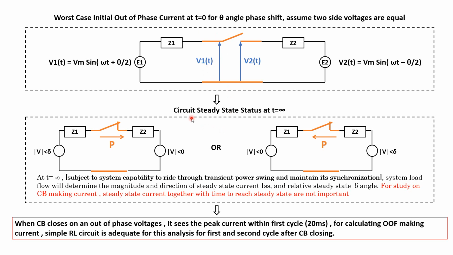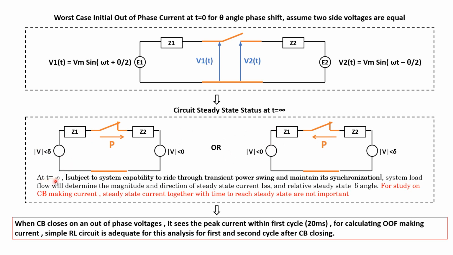But what is going to be the steady state condition? In a steady state condition, as we said before, it depends on generation minus load in each area; the current could go either this way or that way. It depends on the delta angle. If the delta angle of this side is positive compared to this one, then the current will go this way.